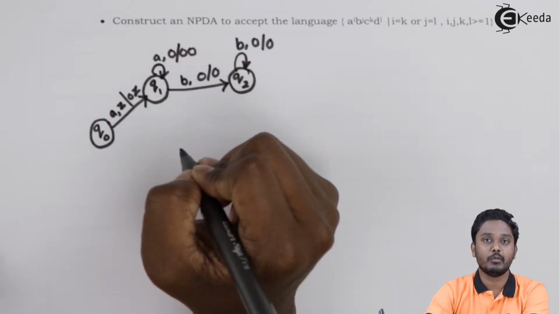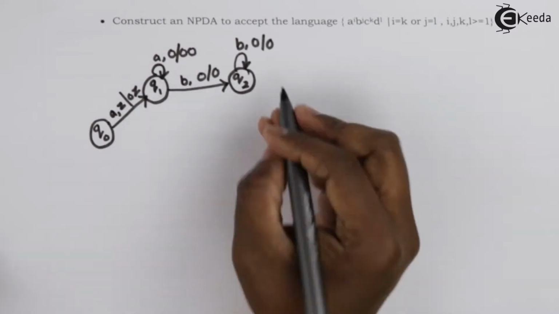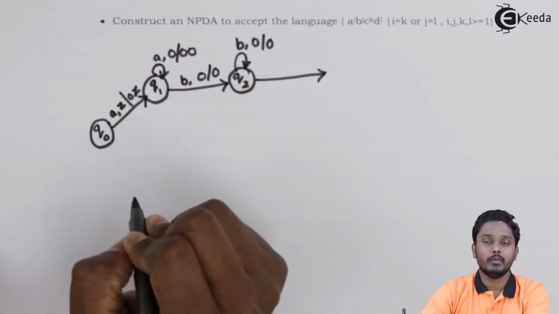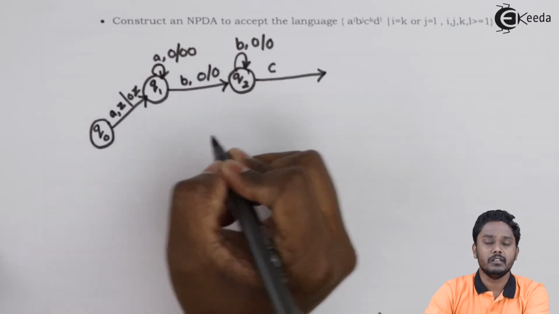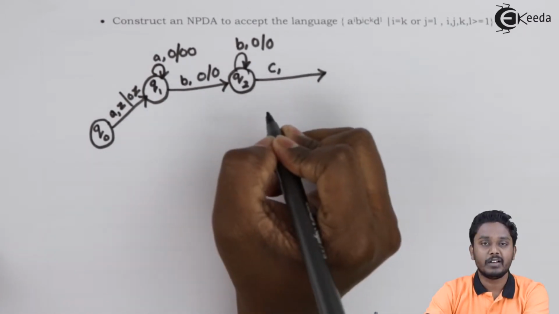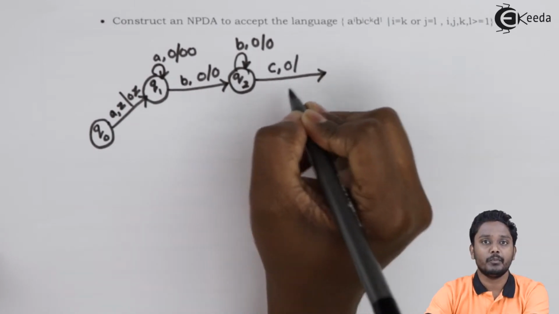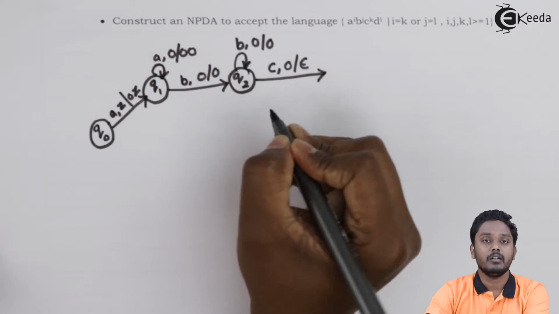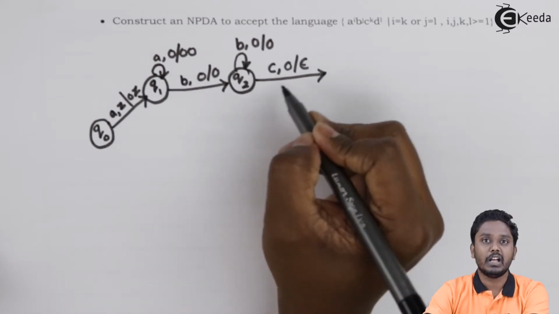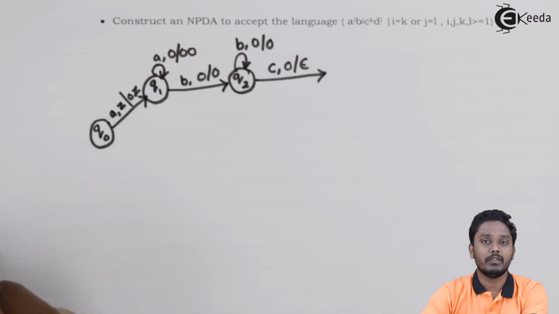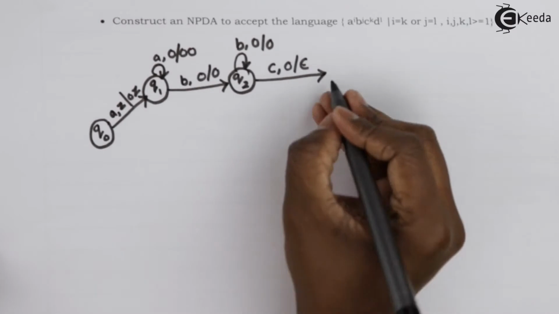That means we just have to ignore the B. Now we will start encountering C. So we will have a transition on C with 0 as the top of the stack, pop off the 0. This will take out 0 one by one with every encounter of C. For that, we need to put a loop.